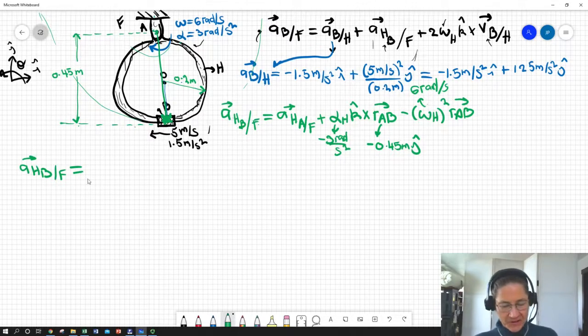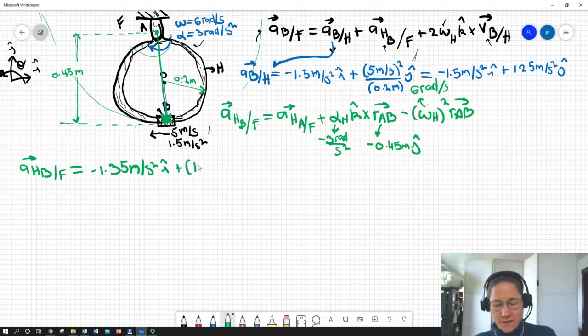We should end up with a negative 1.35 meters per second squared I hat plus 16.2 meters per second squared j hat. And so that was just evaluating the cross product, multiplying this by our negative 4.5 meters j hat, and collecting terms. So we have a little bit simpler expression.